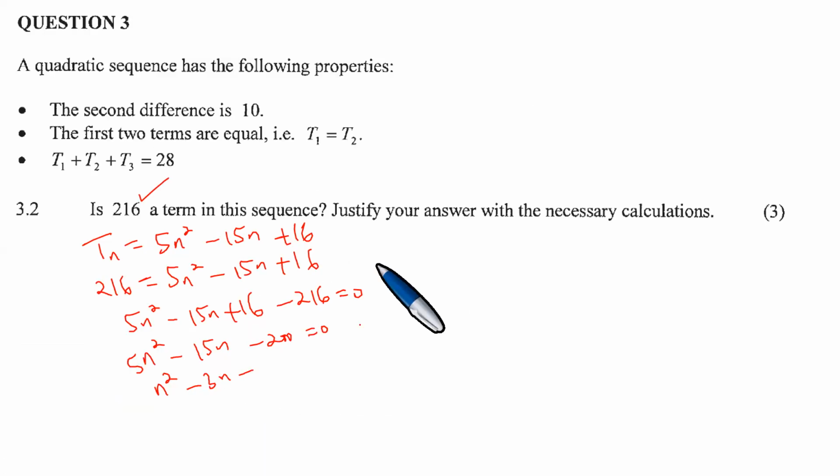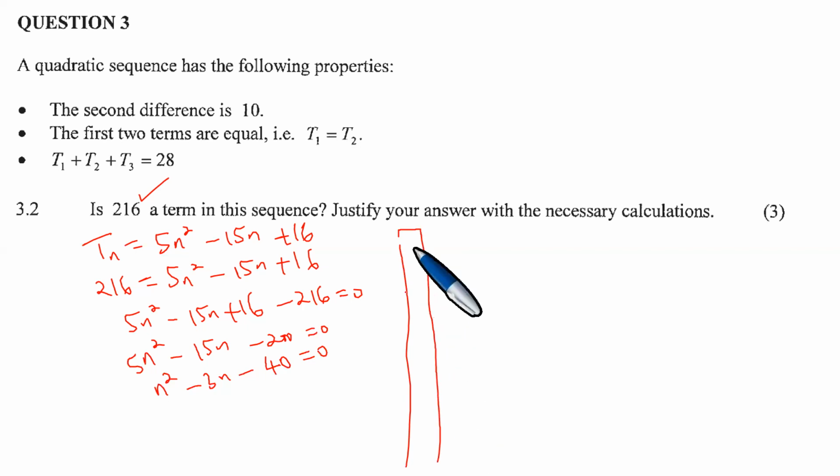If you divide 200 by 5, 200 divided by 5 is 40. Then we obtain n squared minus 3n minus 40 equals 0. Okay, let's factorize this.